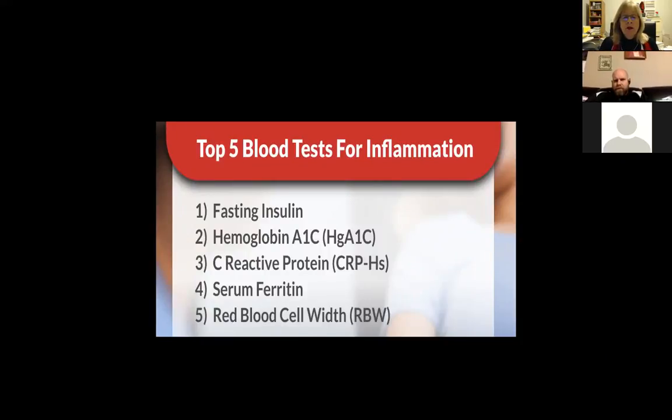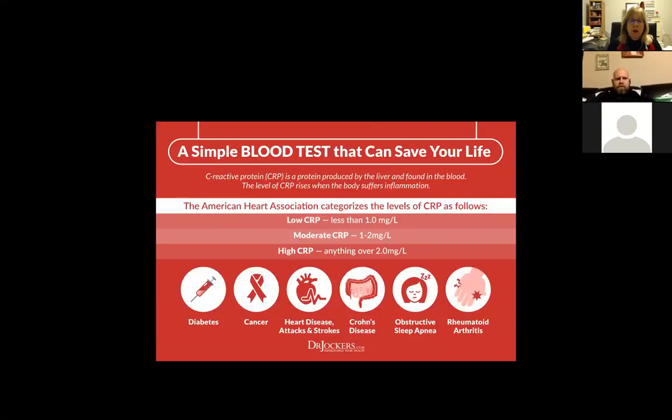Now, the serum ferritin and the red blood cell width, I will be honest, I've never had done, and it's not a common thing that you would expect people to have, but a C-reactive protein would be. When we look at what the levels should be, the American Heart Association emphasizes this the greatest.